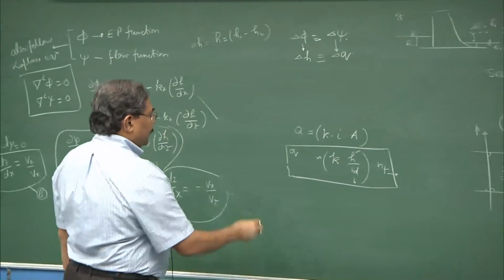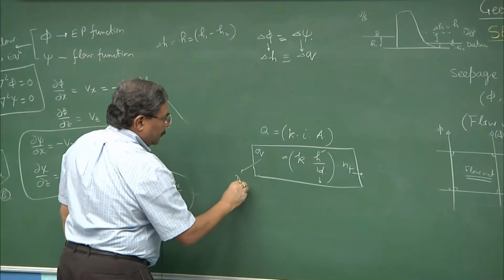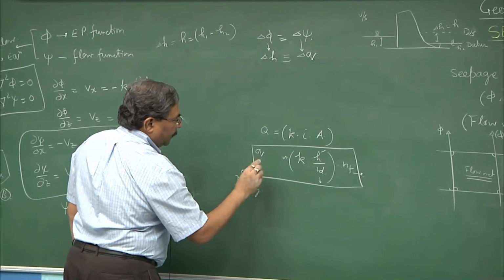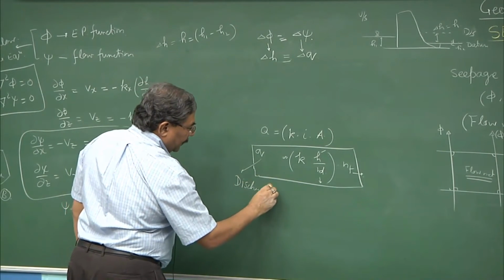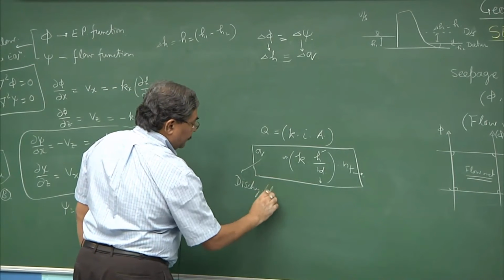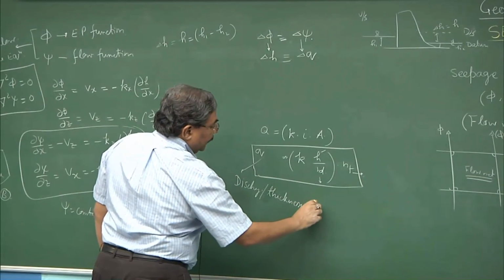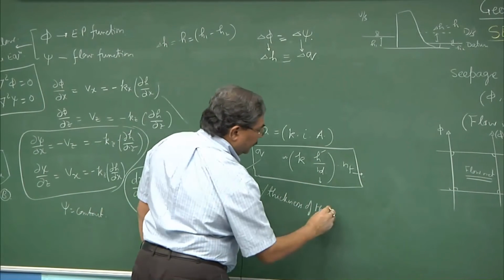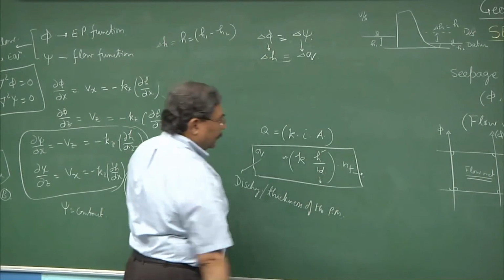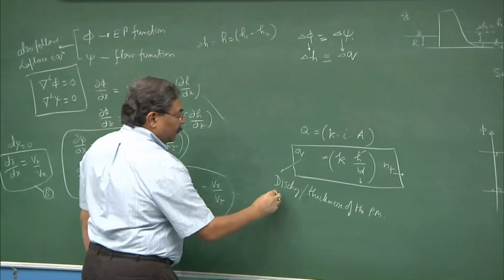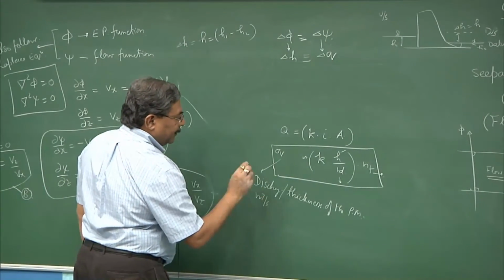This is what is going to give me the discharge per unit length, per unit thickness of the element of the porous media. So, remember the discharge units would be meter cube per second.